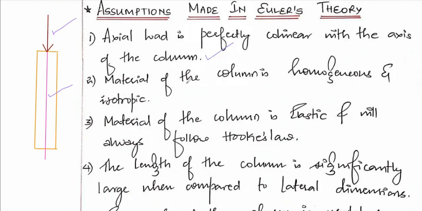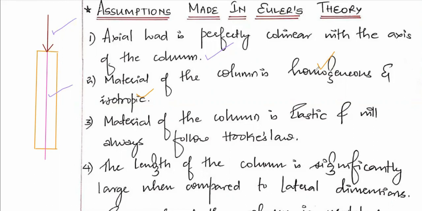The second assumption is that the material of the column is homogeneous and isotropic. What is homogeneous and isotropic? Homogeneous means it is made up of only one type of material, a uniform material throughout the structure of the column. Suppose it is made up of copper or steel, any one type of material will remain throughout the column.